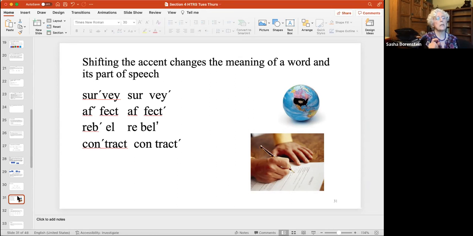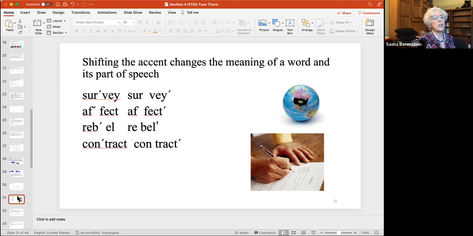Survey is a noun. They took a survey of the land. Survey is the act of calculating the length and width of a piece of property.